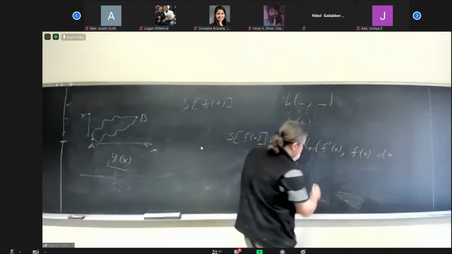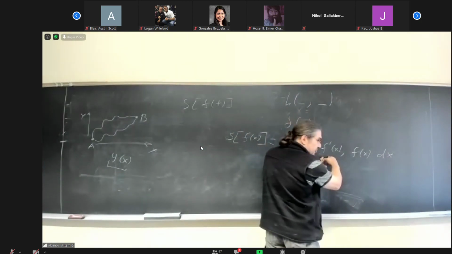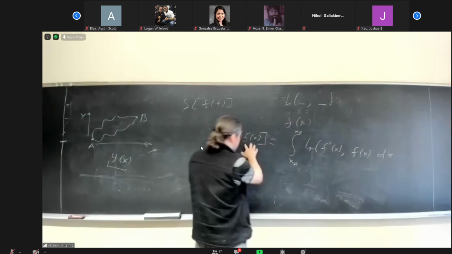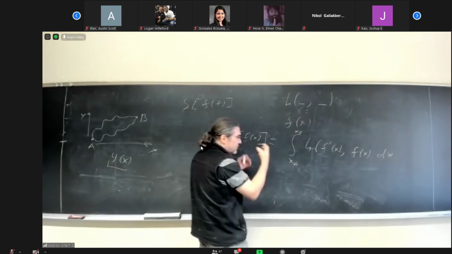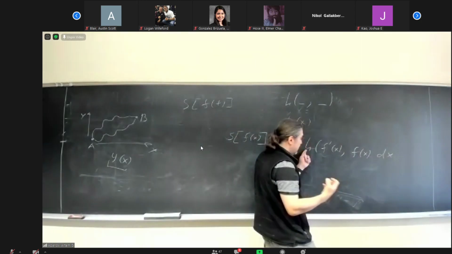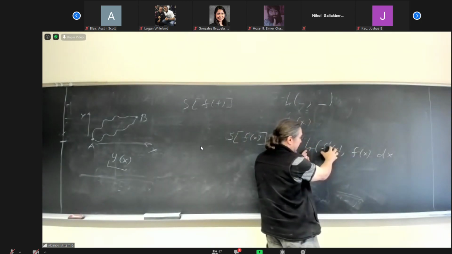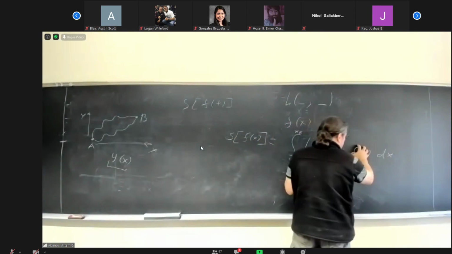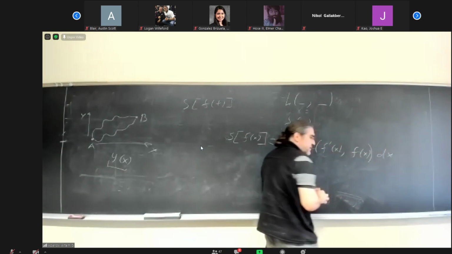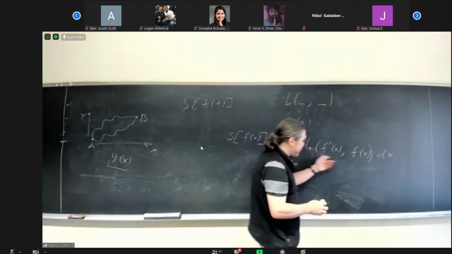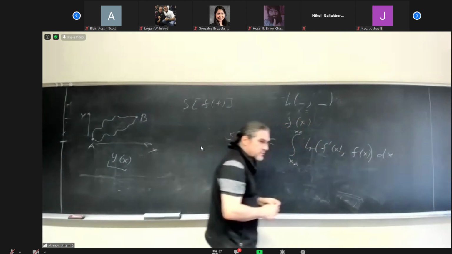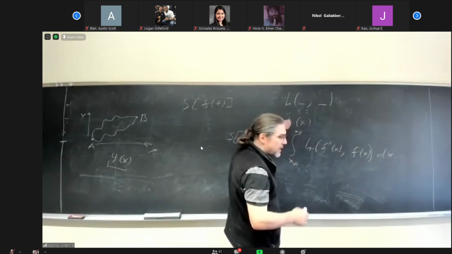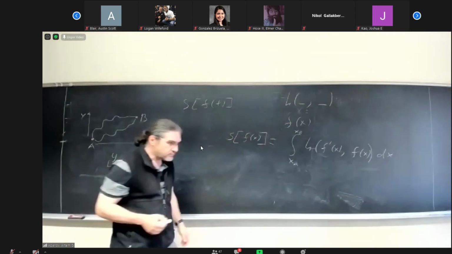I take this function of 2 arguments. In the first argument, I stick f prime of x. So I give you function f of x. You take the function L, you stick the derivative of f in the first argument, and you stick the function f of x in the second argument. Now you have a function of only x, and then you take the integral with some boundaries, which also should be defined.